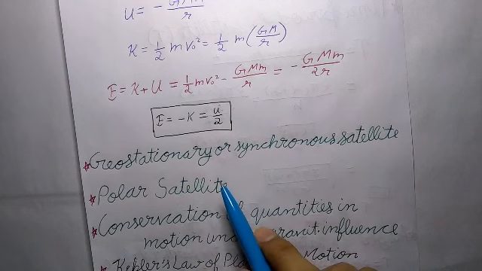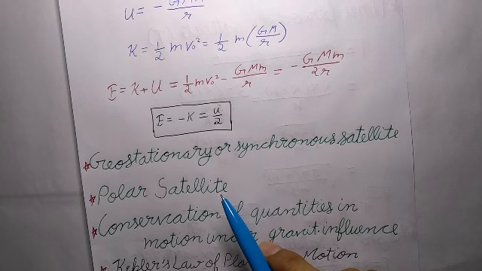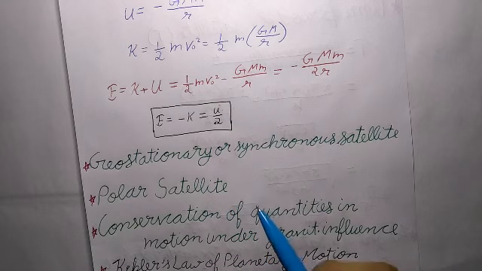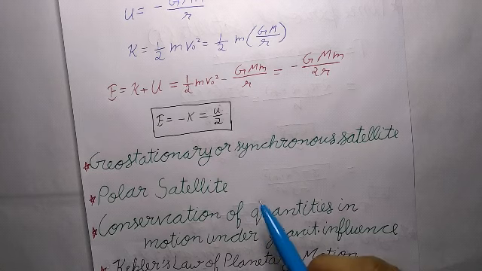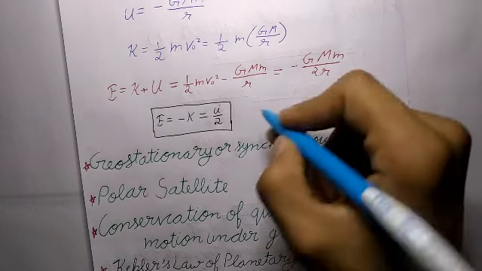Now, geostationary or synchronous satellite. It is the satellite which revolves around the Earth with the same angular speed and in the same direction as the Earth rotates about its own axis. Such a satellite should revolve around the Earth from west to east in an orbit concentric and coplanar with the equatorial plane of the Earth at a height of 36000 km.